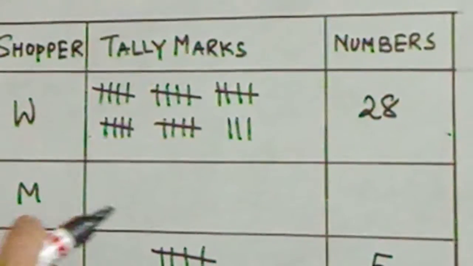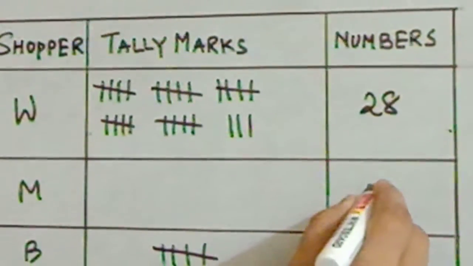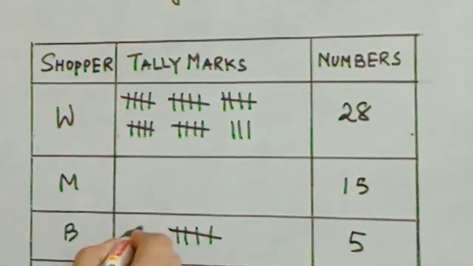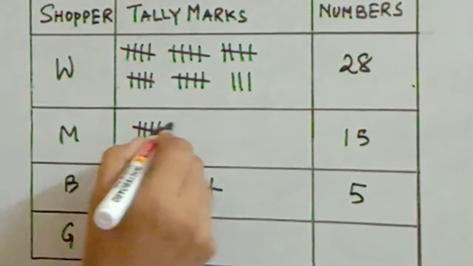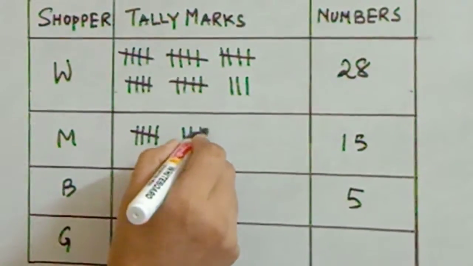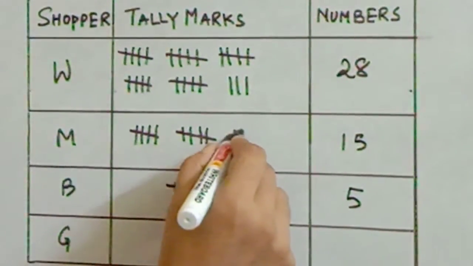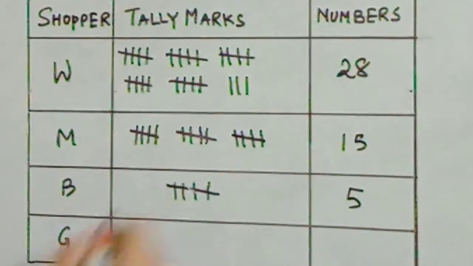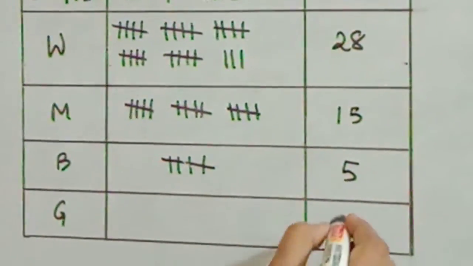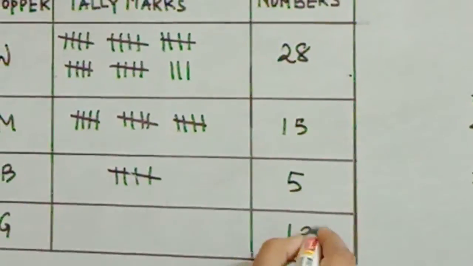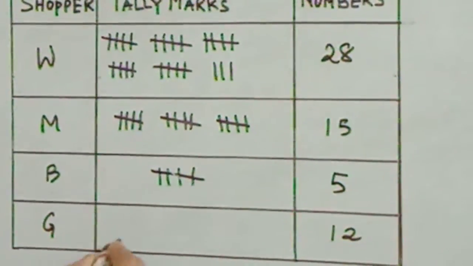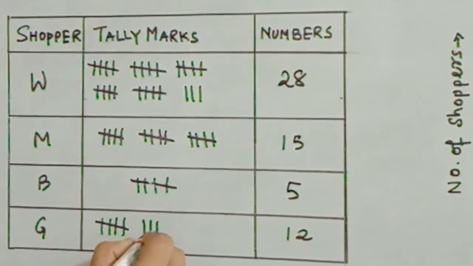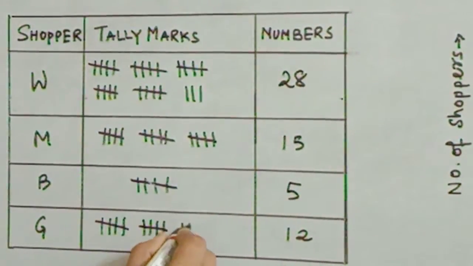Now the number of men is 15. I have counted 15. You also check whether it is correct or not. So 1, 2, 3, 4, 5, 6, 7, 8, 9, 10, 11, 12, 13, 14, 15. And the number of girls: count from the raw data and check whether it is 12 or not. 1, 2, 3, 4, 5, 6, 7, 8, 9, 10, 11, 12.